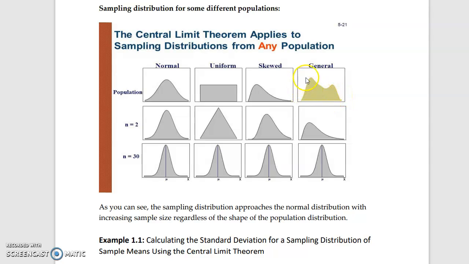When you have a general distribution, for small samples, you won't have a normally distributed sampling distribution, but if you take a sample of size 30, it becomes bell-shaped. So notice, regardless of what the population shape is, the shape of the sampling distribution will be centered at mu and have a normal shape.